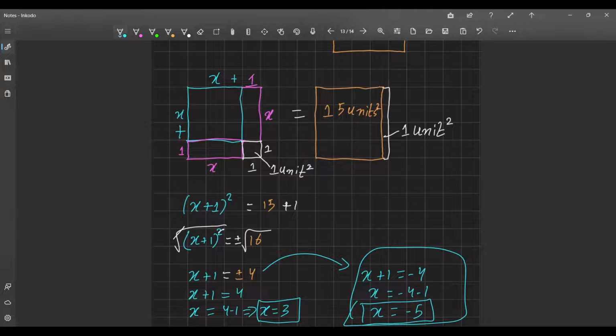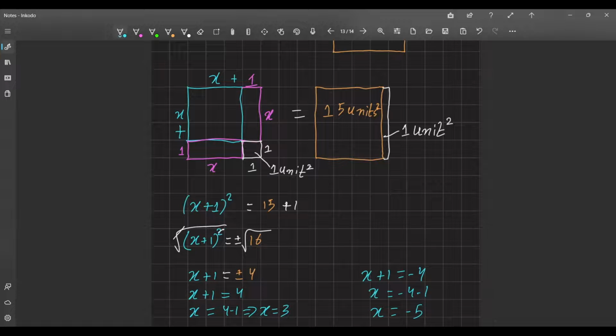While putting it as negative 5, we would get a negative 4, and that cannot really be visualized as a square. So hopefully that solves a little bit of the confusion and also gives a visual representation of what the completing the square method actually is.